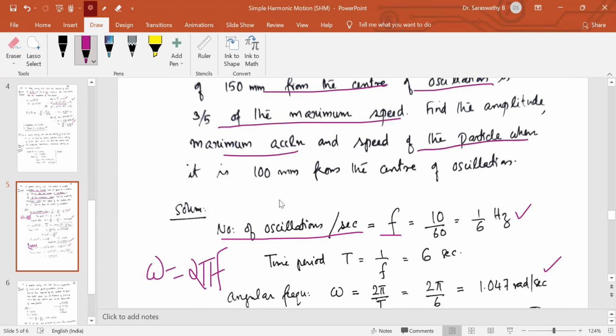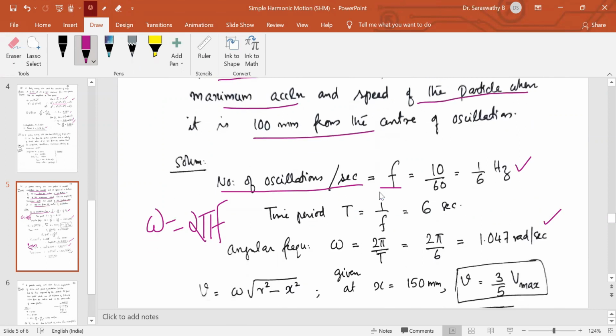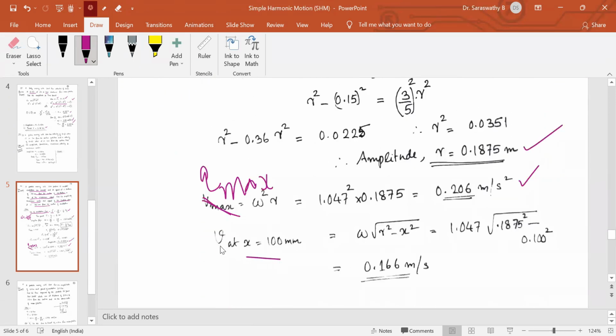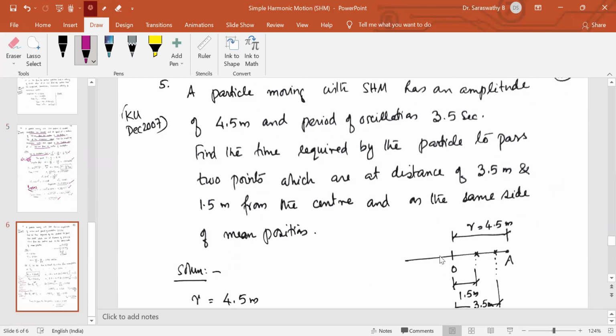Then the speed of the particle when it is 100 mm from the center. So when x is equal to 100, what is the velocity? v is equal to omega into root of r square minus x square. Omega is known, r is known, x is equal to 100. So you get the velocity when x is equal to 100. So all are direct substitution questions.